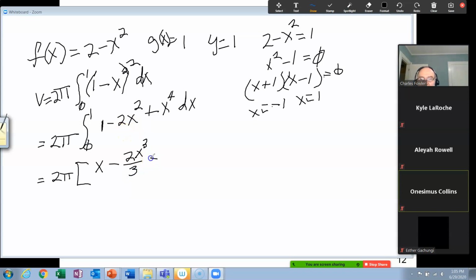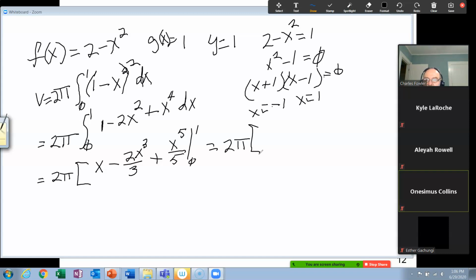Plus, what's the antiderivative of x to the fourth? X to the fifth over 5. Now we'll evaluate that from 0 to 1. Remember we're doubling, and that's why we're able to get away with that. That's a 2 pi.